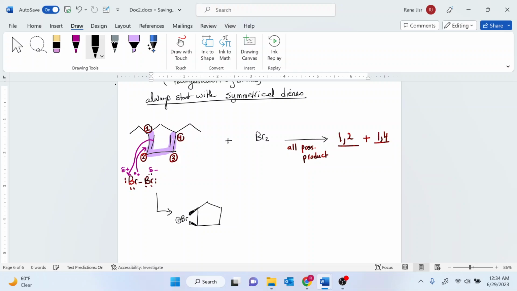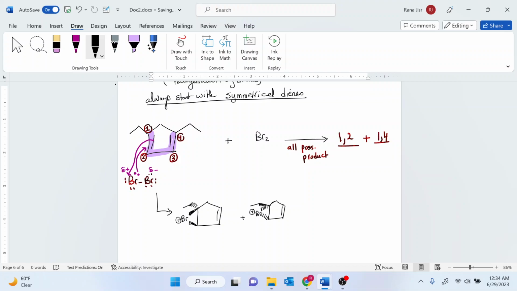This way, your ethyl is going to be pushed to the back. Or the bromine is going to attack from the back, and that is going to push the ethyl group to the front. Okay, don't forget your double bond between carbons 3 and 4.